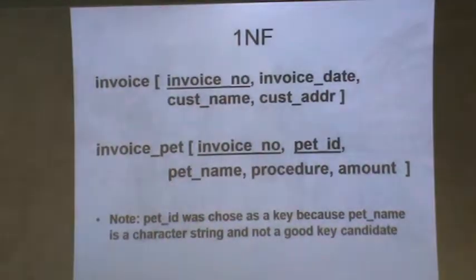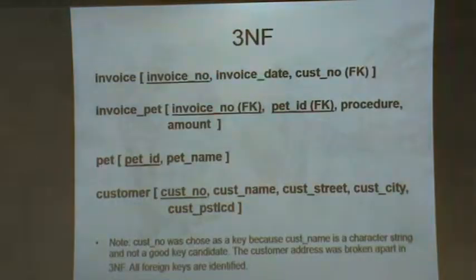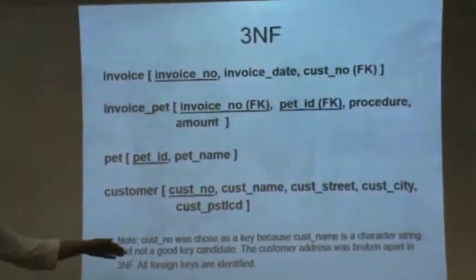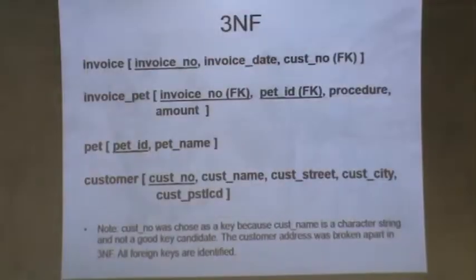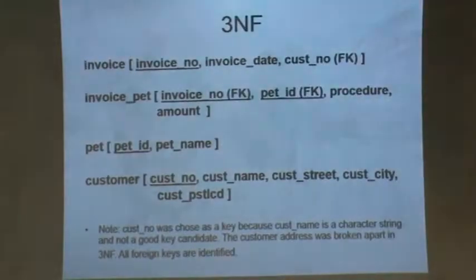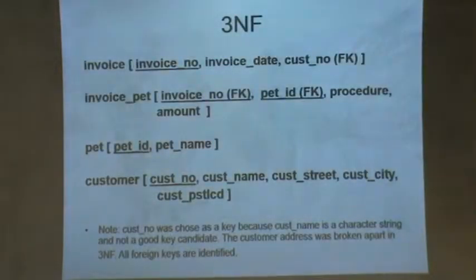So this is one thing, and then for 3NF, you can see one more thing called customer number, which was chosen as a key just because customer name is a character string and not a good candidate key. So customer address was broken apart in 3NF and all foreign keys are identified.